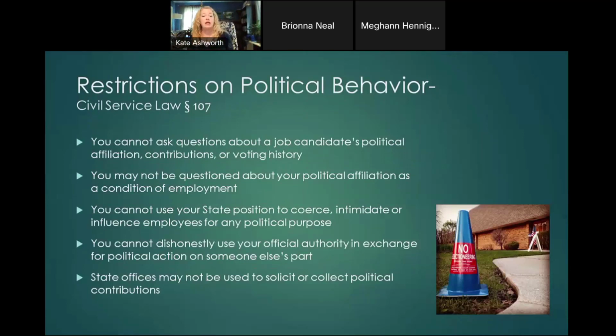Now here, this section relates to the Little Hatch Act, Civil Service Law 107. And this is a much broader laundry list of prohibitions. We can't ask prospective job candidates about their political affiliations. We ourselves as employees can't be asked about our political affiliations. We can't use our state position to coerce anybody to make any kind of political determinations.